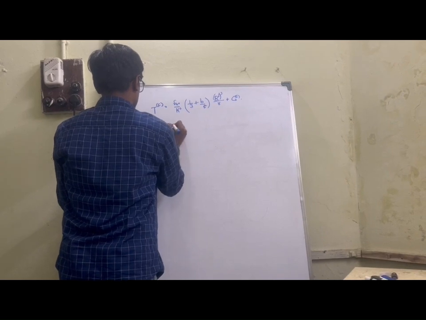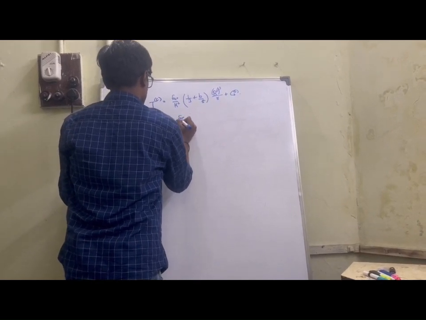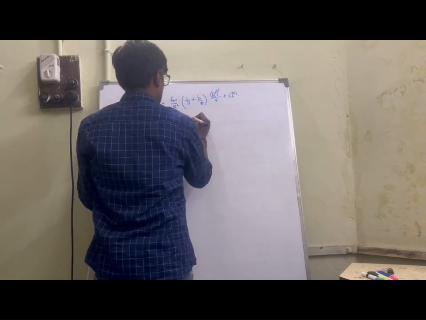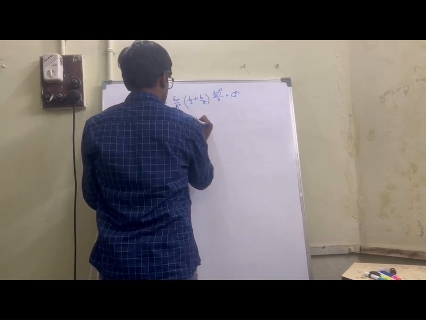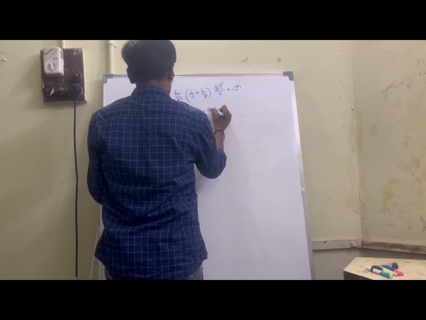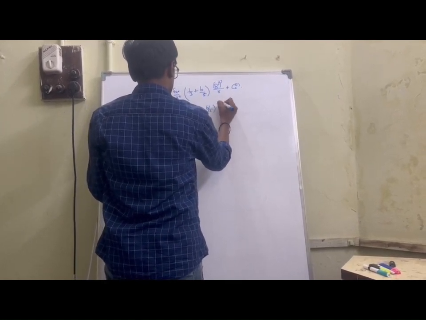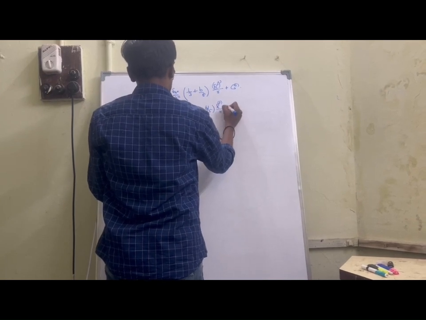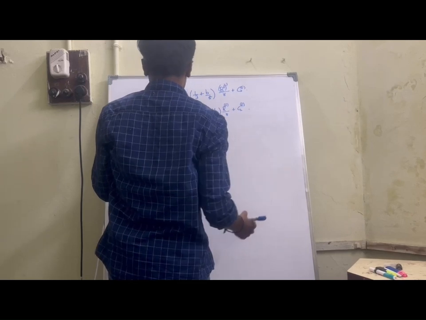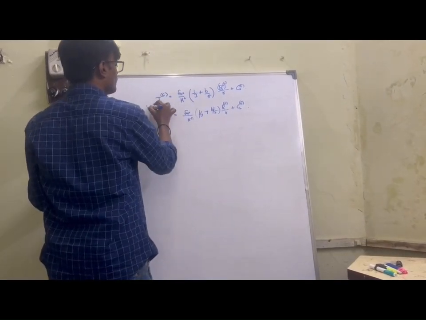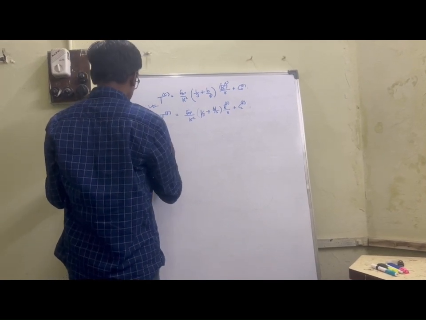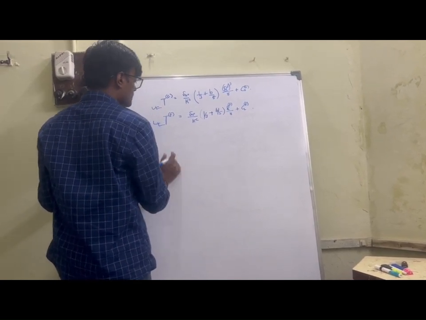TCF is equal to the Sn naught divided by Kc 1 by 3 plus B by 5 RF divided by R plus C2F. Now these two equations we have got from the previous solutions.